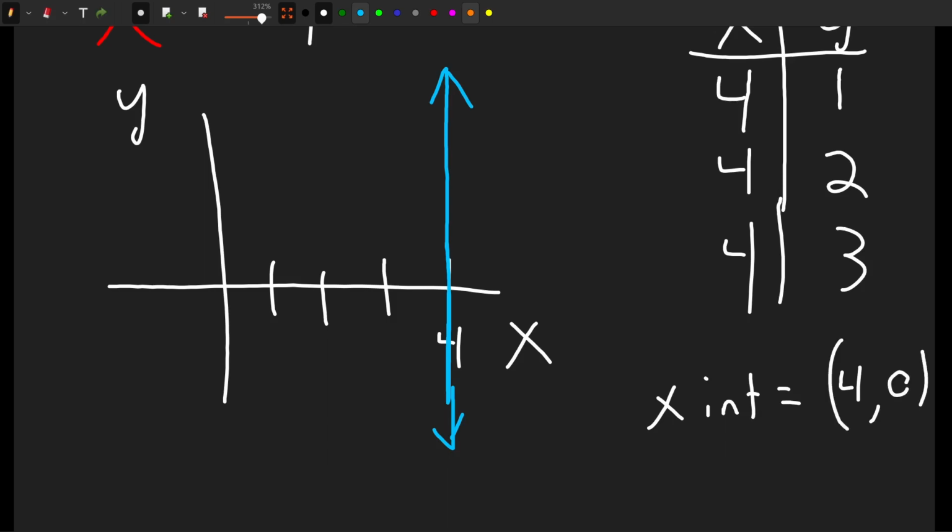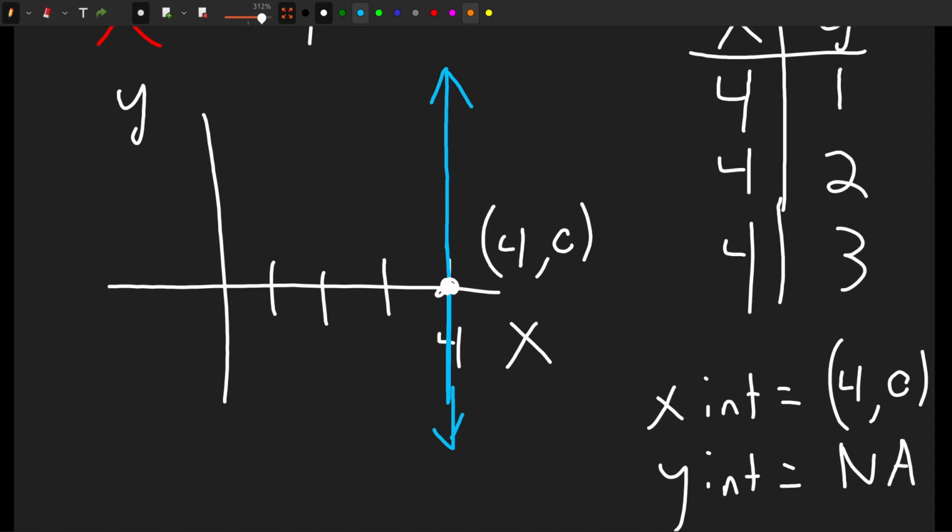Okay, it's right here, 4, 0. But do I have a y-intercept? No, I do not. In this case, this problem simply does not have a y-intercept.